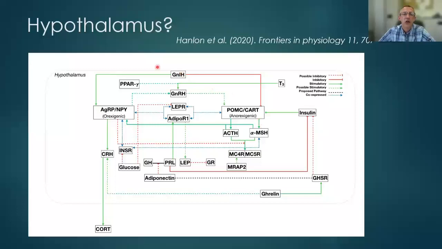During the growth phase, when the bird is immature, GnIH stimulates the orexigenic branch of the appetite control, and that leads to an increase in feed intake. However, GnIH also inhibits the anorexigenic.